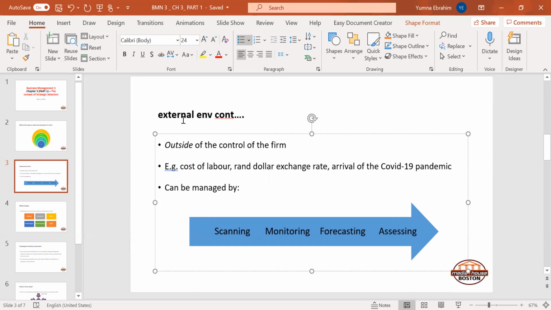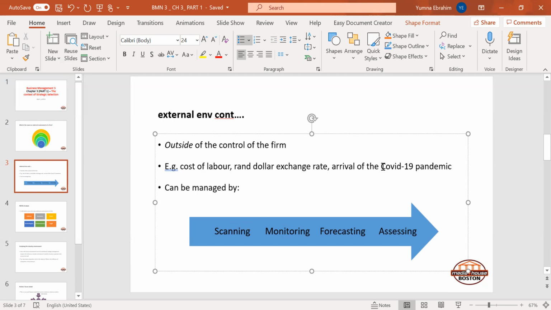So how do you approach trying to manage the external environment? You can scan for problems, you can monitor, you can forecast. We think this is what's going to happen. For example, with the rand-dollar exchange rate, a lot of firms forecast what they think the rand-dollar exchange rate will be, and how that will affect the cost of their inputs, and then continue to assess the environment.